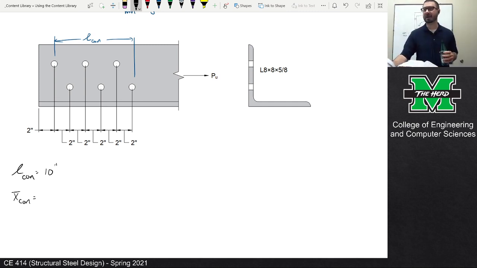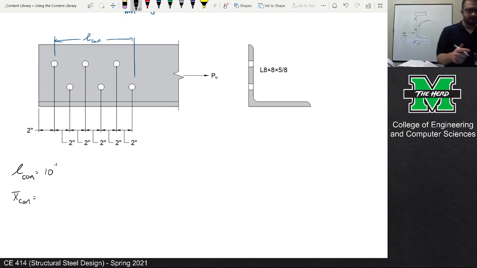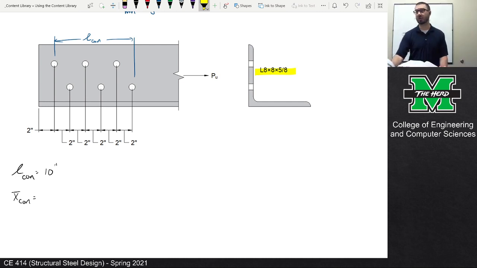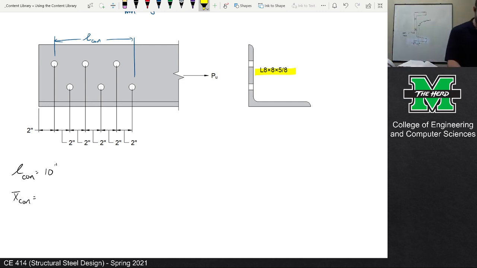Actually, a better answer is, does it really matter? It's an L 8 by 8. X bar and Y bar are the same. Now, X bar is specifically the centroid from the long leg, and Y bar is the centroid from the short leg. But in this particular instance, it doesn't really matter.